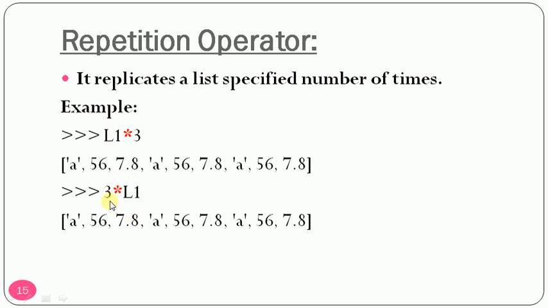Then 3 into L1 is the same as L1 into 3. Both are the same. But when the star sign is used, one operand must be an integer: L1 is one list, and the second one is an integer. If you are using an asterisk sign along with the list, the other argument must be an integer. Then only it works correctly, otherwise an error will come.